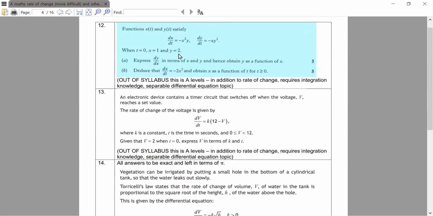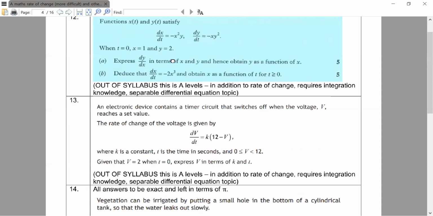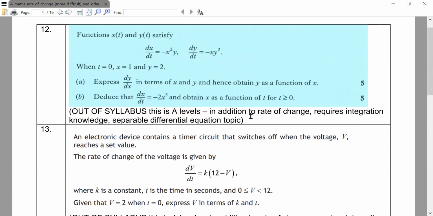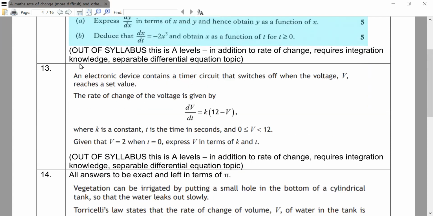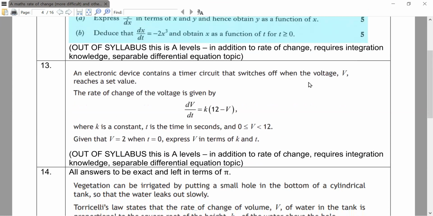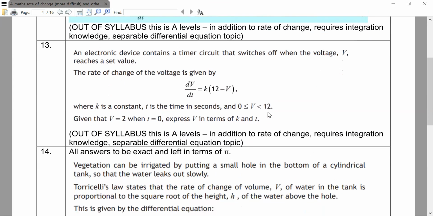What else you have? Oh, what is this? This is A levels. Yeah, separable differential equation. Oh, sorry. This one is extra. Skip this question. Okay, 13 is also a separable differential equation. Skip this question. Yes, I will explain it if I have extra time next lesson.